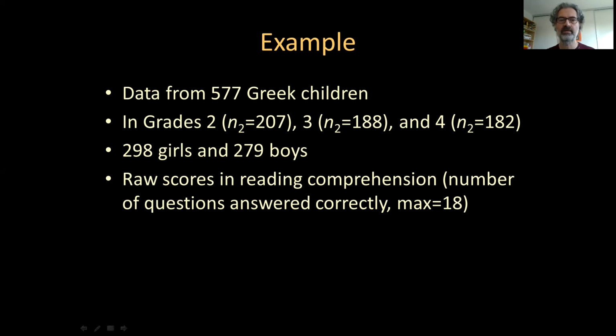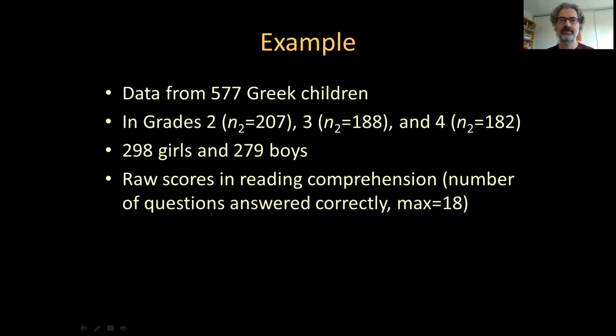And the question is, are these variables related? In other words, does sex affect reading comprehension? Or stated differently, are reading comprehension scores different between girls and boys on average? And the other question is, does grade affect reading comprehension?